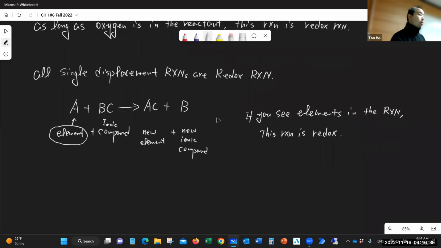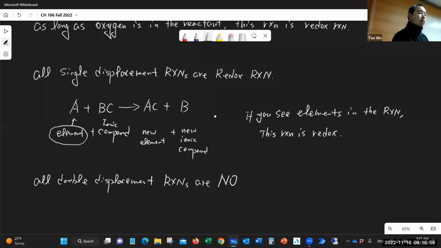All right. So then the other one is double displacement. Double displacement reactions are not redox reactions.